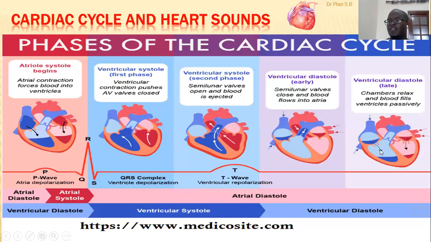After that, now, the pressure in the atria will be more than the pressure in the ventricles that will push open the AV valves. The tricuspid valve and the bicuspid valve are going to open to allow rapid filling of the ventricles. So you have the rapid ventricular filling taking place. Then later on, you have the slow or reduced ventricular filling.